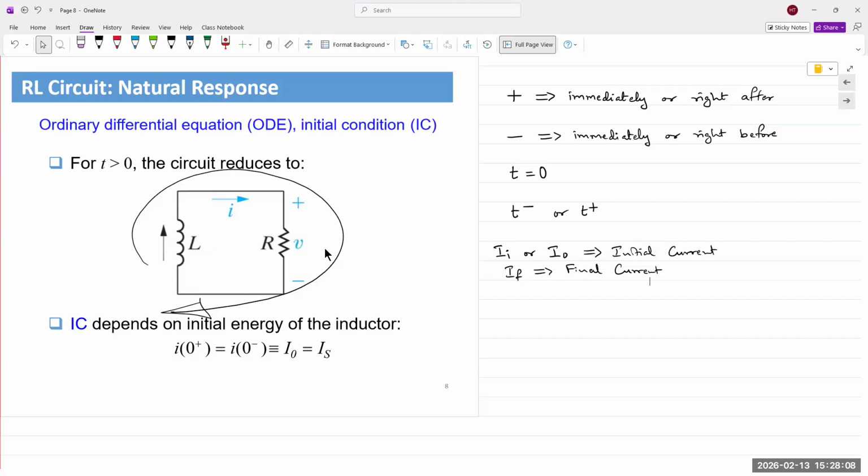It may never reach the final value, but for the purposes of analysis, this final value is always taken as 0. Okay, so I_F is always 0. In the case of a capacitor, the voltage across the capacitor, V_F, is always 0.